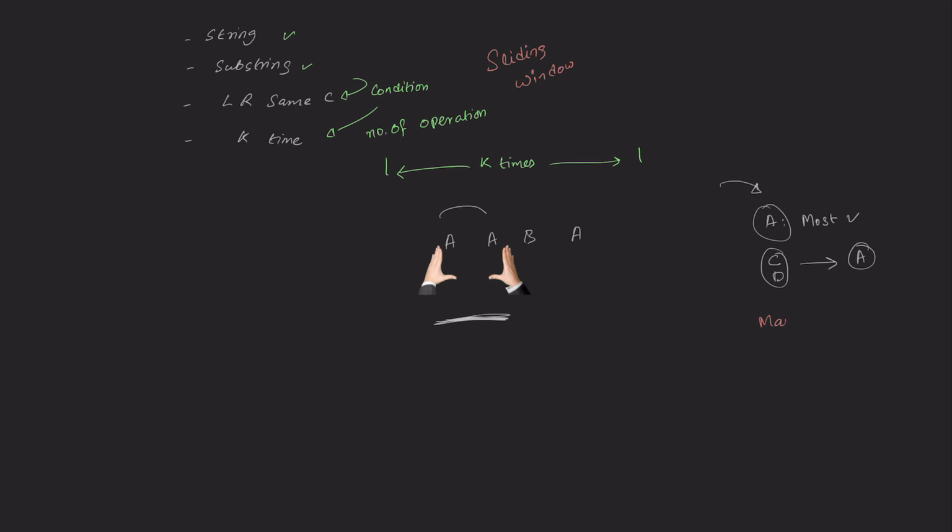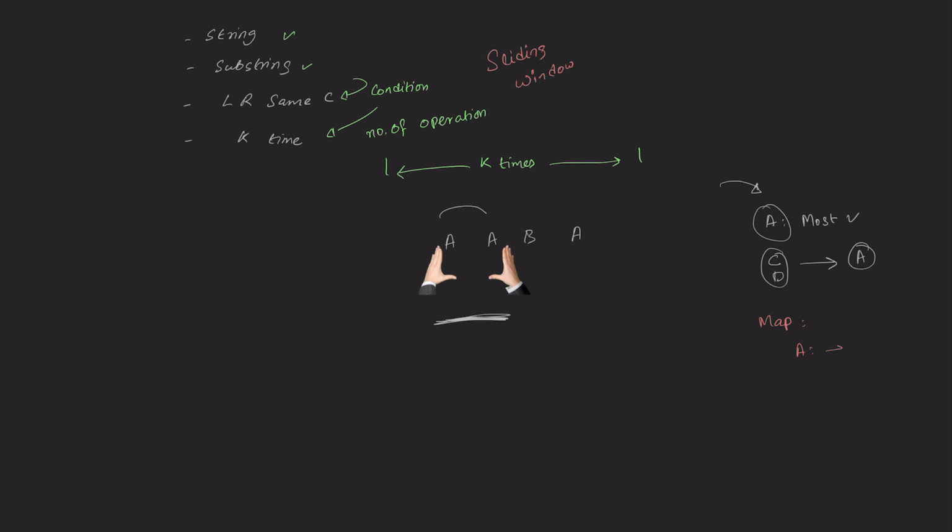If we use a map, that will tell you, in that particular substring, I'm not talking about the whole string, I'm talking about exactly that substring, I'm creating a map. I'm saying how many times a is coming.